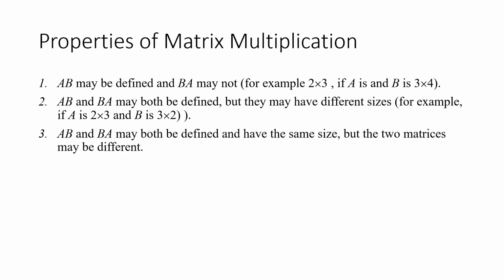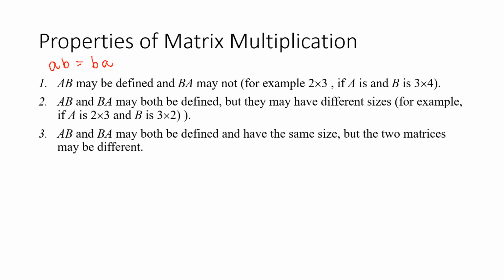For example, you know that in real arithmetic it is always true that AB is equal to BA, which is called the commutative law for multiplication.